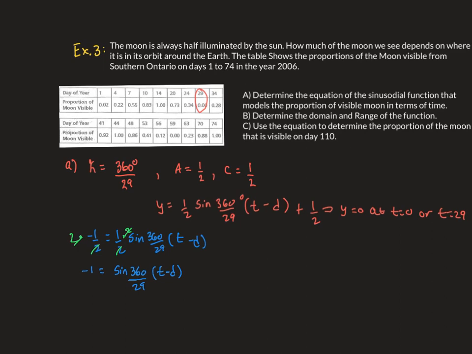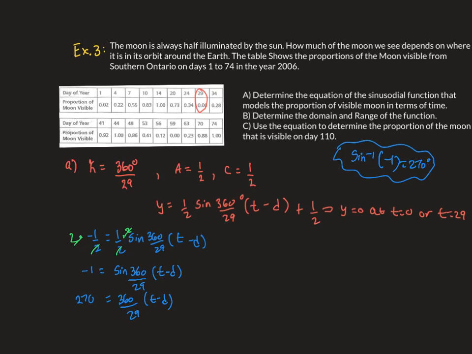If you want to get rid of the sine, remember you have to do sine inverse. So I'm going to do a little bit of a side here. Sine inverse of negative 1 gives me 270 degrees. So that's going to give me 270 is equal to 360 over 29 (t minus d). Multiply both sides by 29.